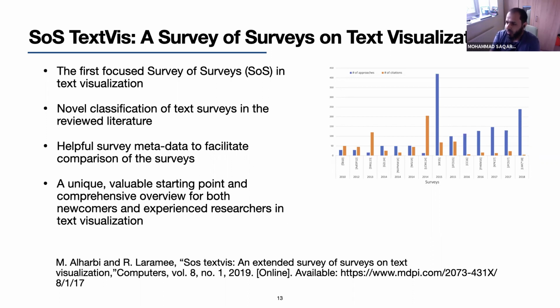It also includes a novel classification of text surveys in the reviewed literature, and helpful survey metadata to facilitate comparison of the surveys. It's a unique, valuable starting point and comprehensive overview for both newcomers and experienced researchers in text visualization. This work was published in the Computers Journal, and it was also presented at the CGPC conference.